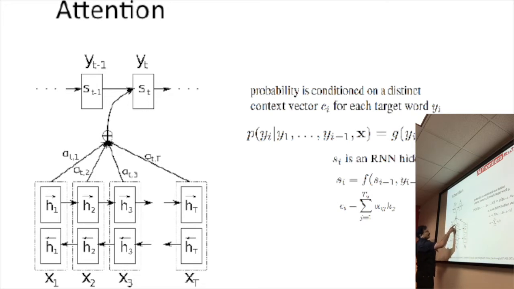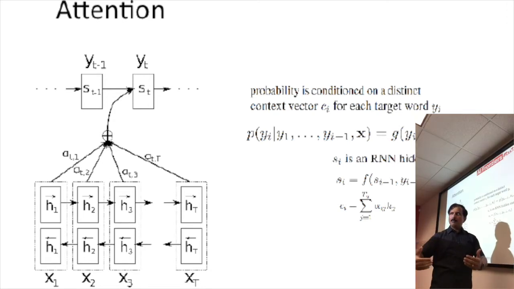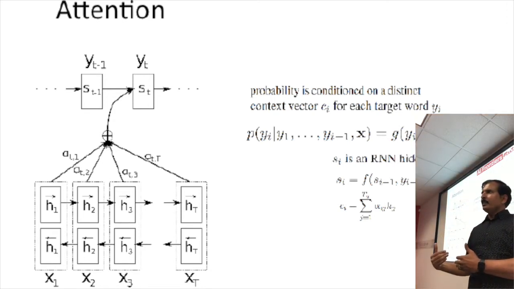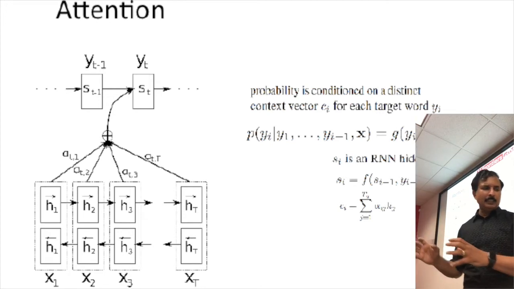And these are the weights you consider. So if for yt, on the fifth word in translating, you feel this yt needs to depend more on the first word, this weight becomes closer and closer to 1, and all of the other weights become closer to 0, so that the model effectively decreases the impact of the other words and highlights the impact of this word. In other words, the model is going back again and checking on the input once again. That's an attention model.